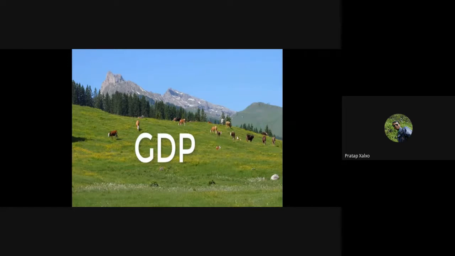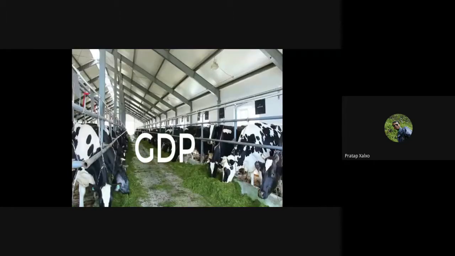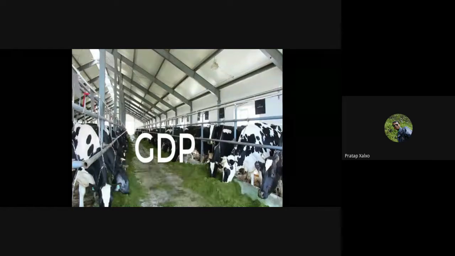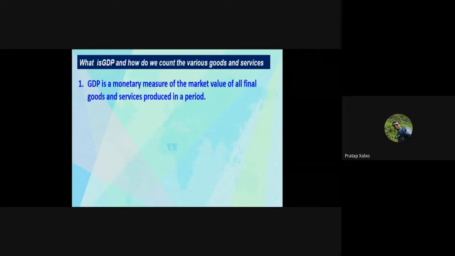Now, we have seen that economic activities are made up of primary, secondary, and tertiary sectors. When we find the total money value of all the goods and services from all the three sectors, it is known as GDP. So, what is GDP and how do we count the various goods and services? GDP is a monetary measure of the market value of all final goods and services produced in a period.